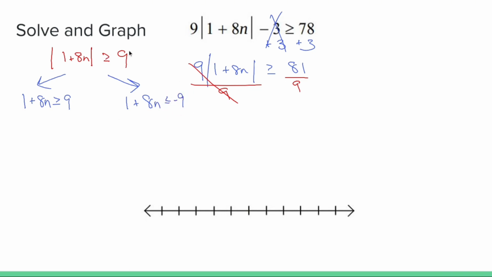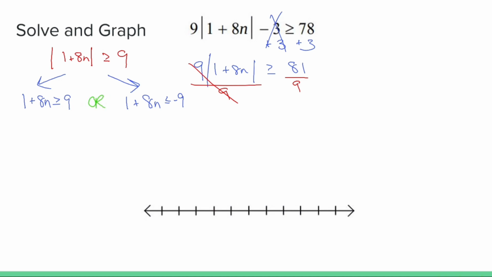So greater than or equal to 9 is now less than or equal to -9. Now, we need a word in between. The word is dependent on the symbol that you have right when you split things up. This is greater than or equal to. If the symbol is greater than or equal to, it becomes an or statement. I remember the phrase great-or, less-than. Well, this is great-or, so it's or. See what I did there?